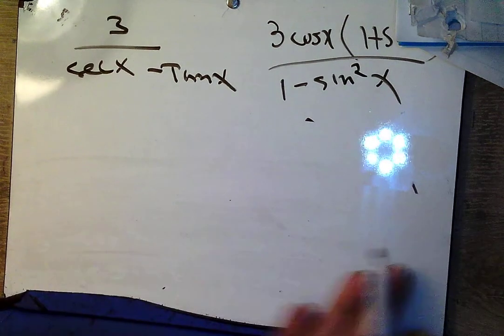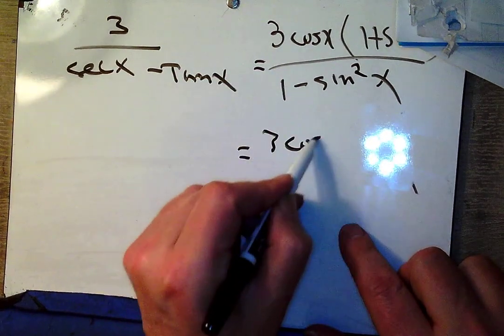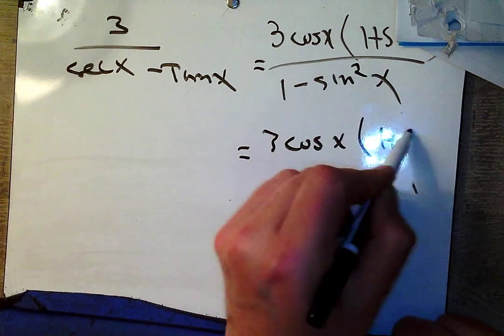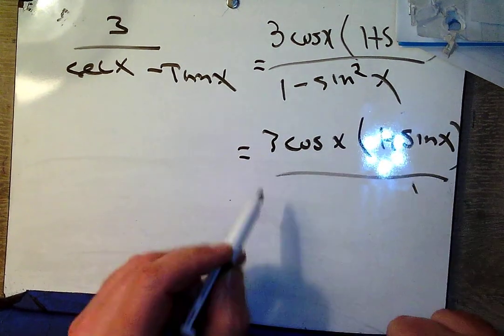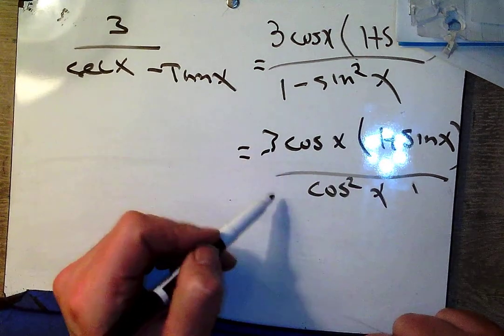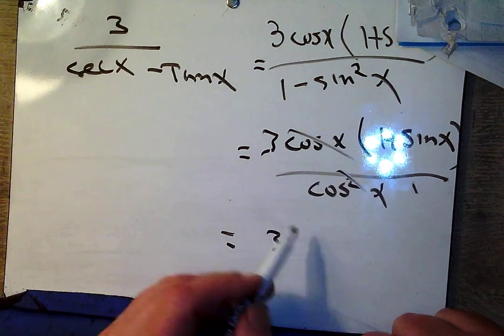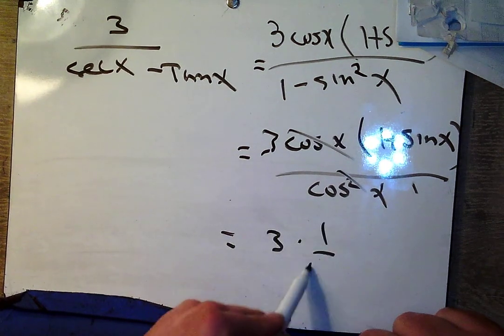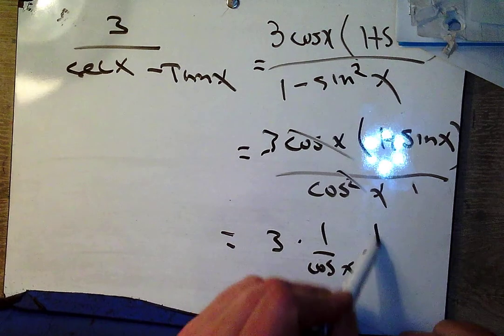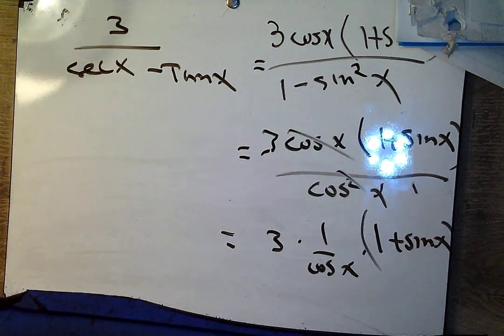What is 1 minus sine squared x? Well, that's the same as cosine squared x. Huh. Okay, so I can cancel that with one of those. And I've got 3 times 1 over cosine times 1 plus sine. Ugh, I don't know. That doesn't seem particularly tidy to me.